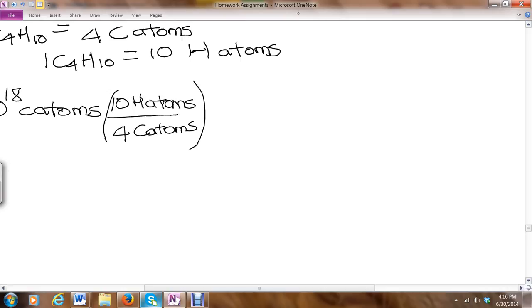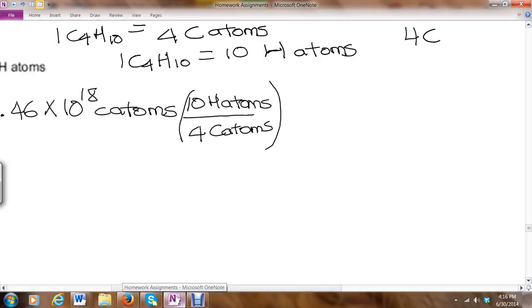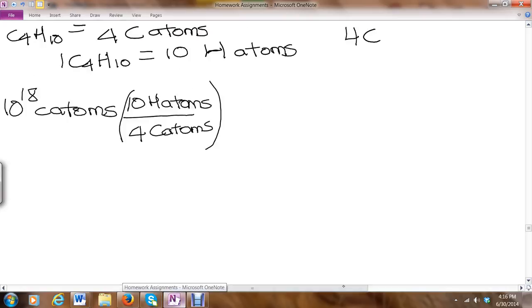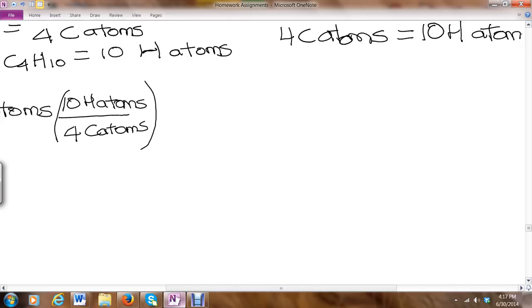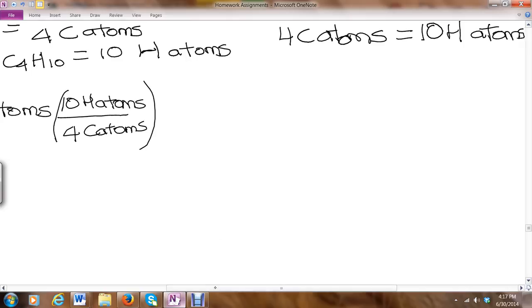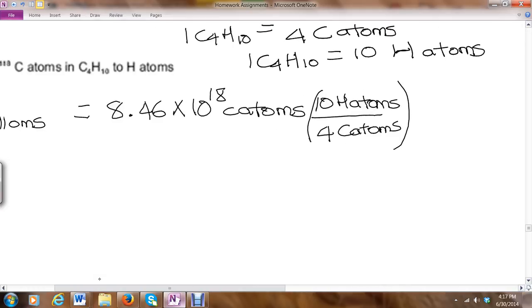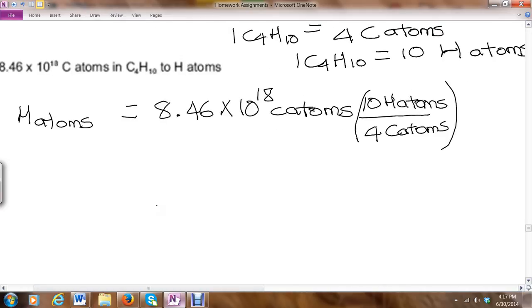So you equal both, and for carbon and hydrogen, you equal the molecules of butane on both sides. This, 4 carbon atoms, would be the same as writing this: in a molecule of butane equals 10 hydrogen atoms. So if you use the conversion, we want to get hydrogen atoms, so it would be on top, and on the bottom the carbon atoms.